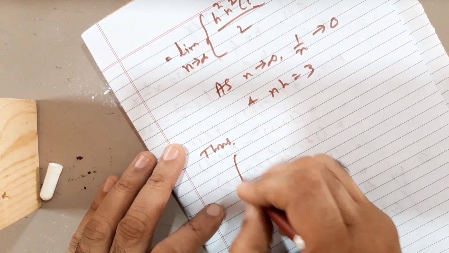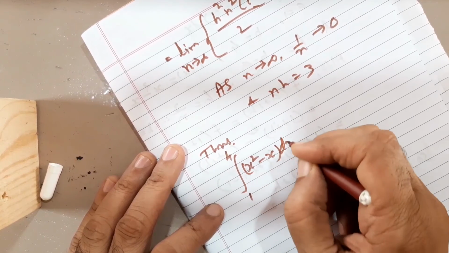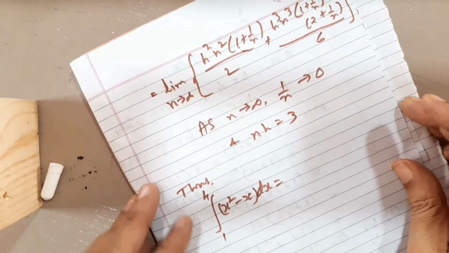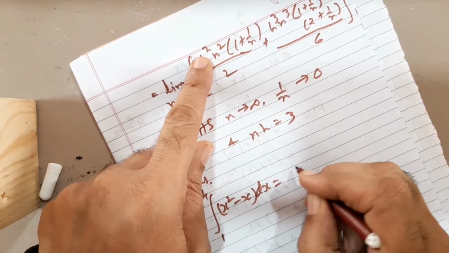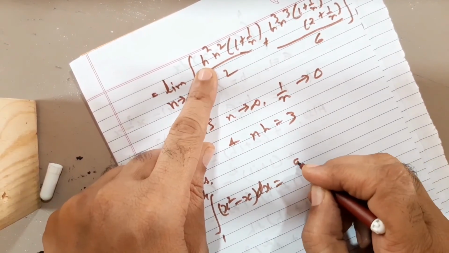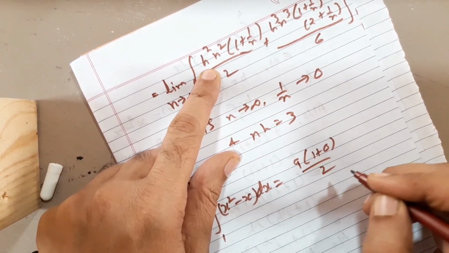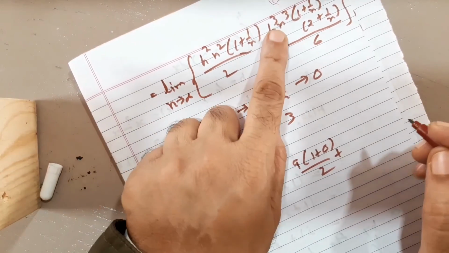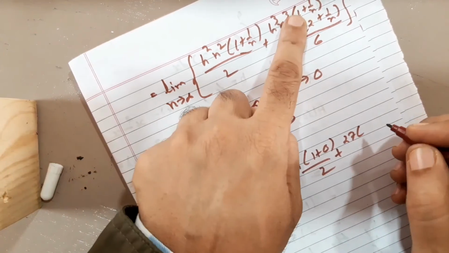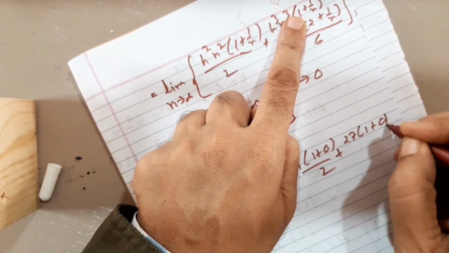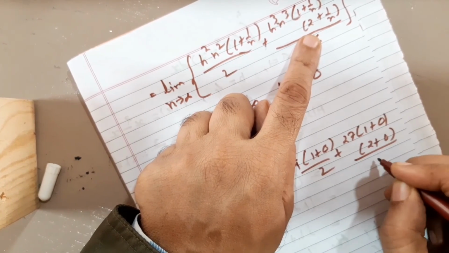So integration 1 to 4, this is our sum, x square minus x dx is equal to, now apply the limit. So h square n square will be what? 9. Hope you understand. 9, 3 square, 9 into 1 plus 0 by 2 plus h cube n cube will be 27, 27 into 1 plus 0 and into 2 plus 0 and by 6.